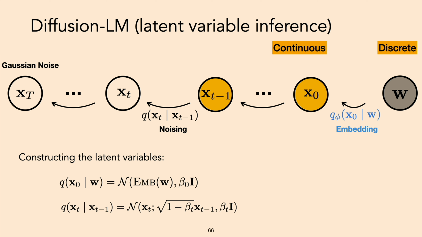Then we can construct the hierarchy of the latent variables according to the Gaussian diffusion process, where we incrementally scale down the current state. For example, when we are trying to map from xt minus 1 to xt, we scale down xt minus 1 by some constant and also add a proper amount of Gaussian noise. And we do so iteratively until we reach x capital T, which is pure Gaussian noise.